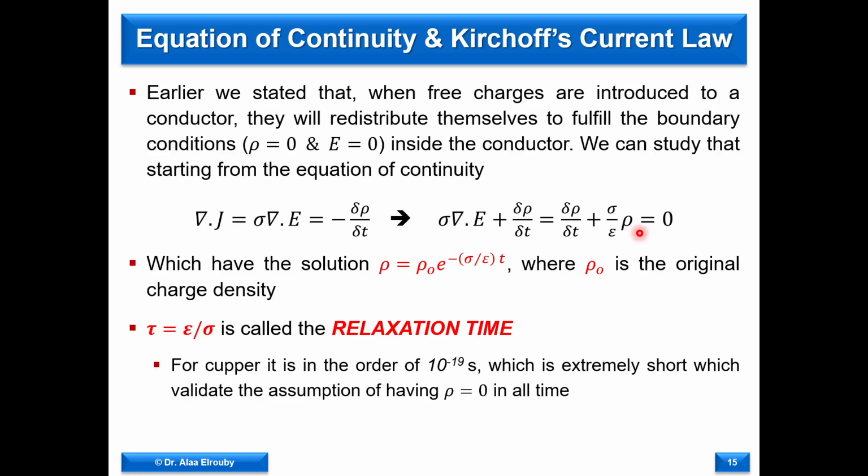The solution for this equation has this format here, and rho naught is the original charge density or the boundary condition at time equals 0. So if we have a conductor and at a certain time we just throw some charge density on it, what's going to happen? The volumetric charge density will take this format.